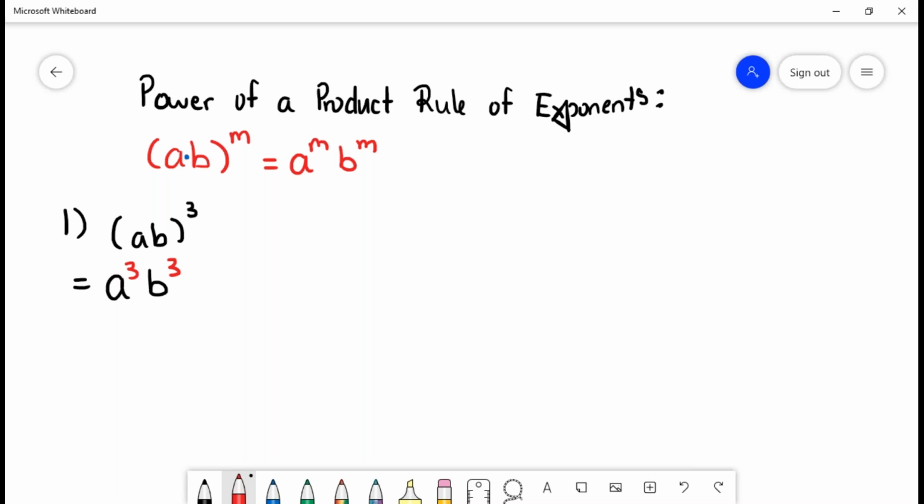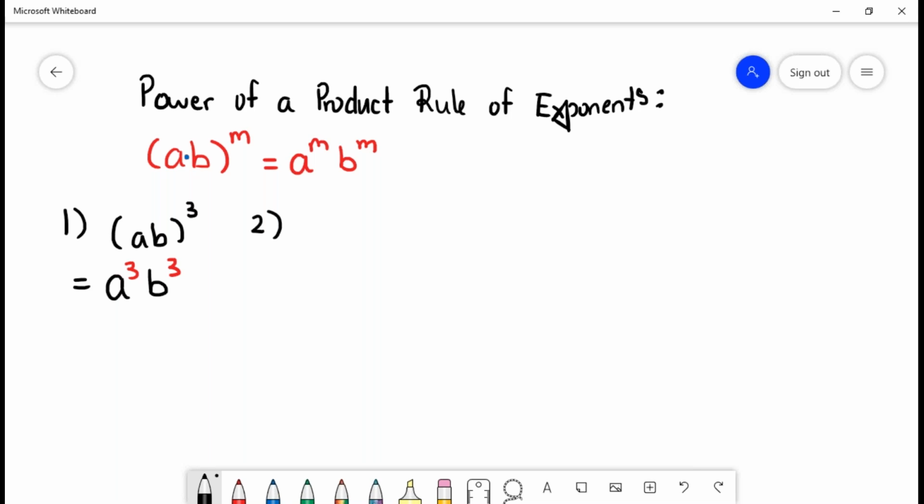So we take every value in there and raise it to that power. That's exactly what we've done here, and therefore this is our final answer. As you can see, it's very, very simple. Once you get accustomed and comfortable with this, you can easily solve bigger problems as well.